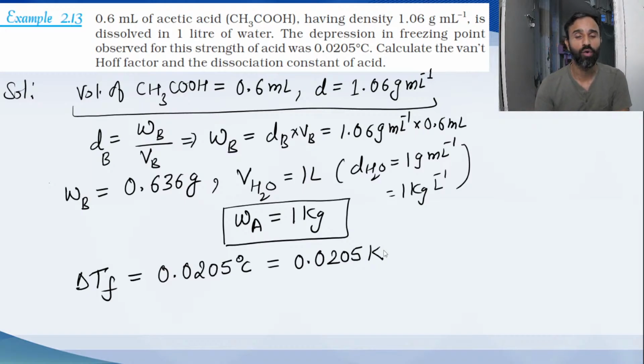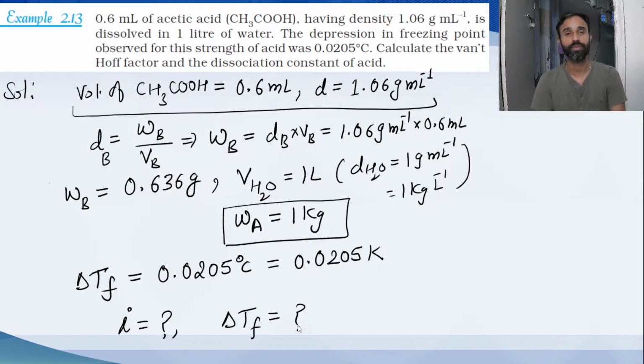Now we have to calculate the Van 't Hoff factor I and the dissociation constant of acid, Ka.